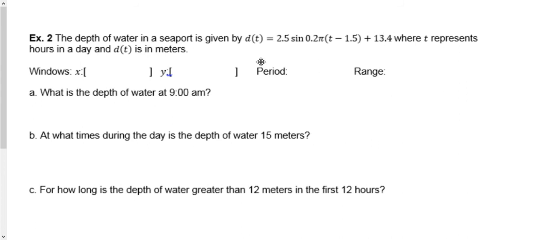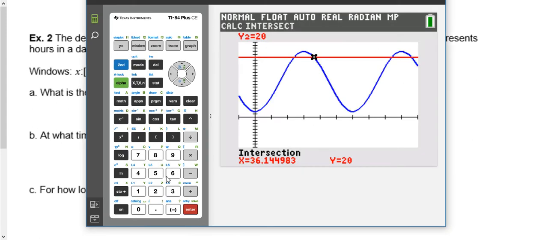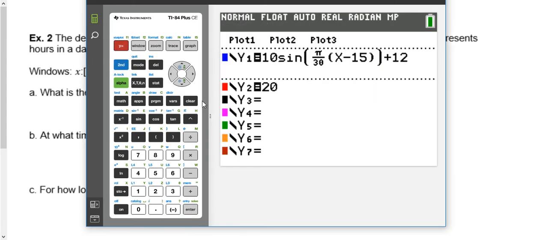Round up, it'd be about 20 there. For the lowest, you can go as low as 10, because 13.4 minus 2.5 is 10.9, almost in that ballpark. I'd just go a bit lower. Let's graph it on our calculator and see what we get.